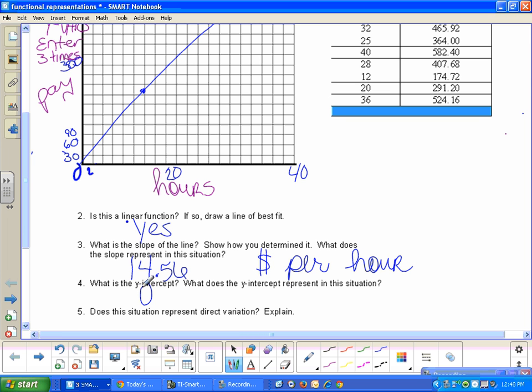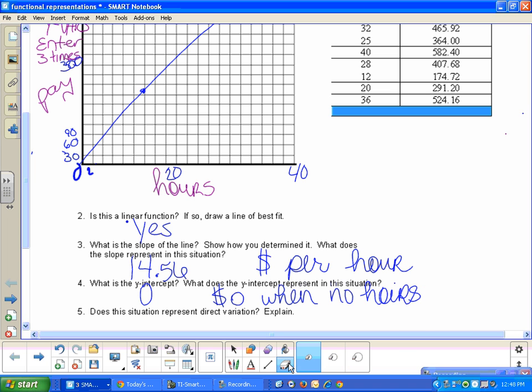No. So what does it represent in this situation? 0 money when no hours have been worked. Or, might be a better way to put this, when not working. There's no money. She's not working, she doesn't get any money.